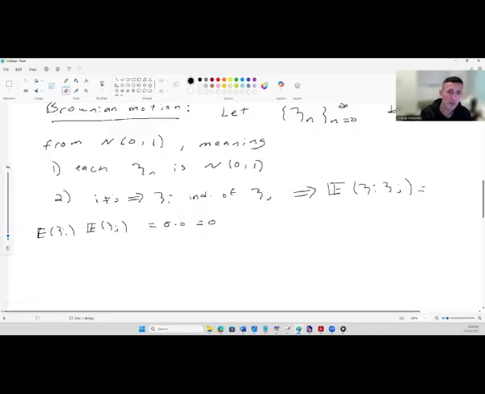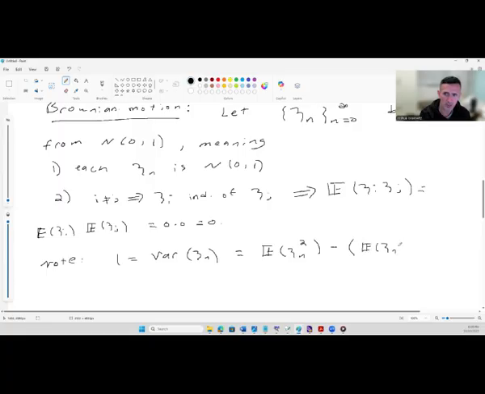And it might be obvious, but we know what the variance of each one of these is. So what is this? By definition, the variance is the expectation of the square minus the square of the expectation, which is 0, of course, because it's mean 0.